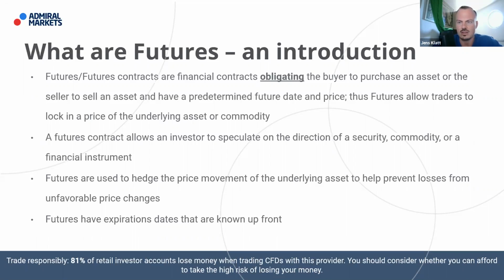So a CFD, contract for difference, is usually an OTC product, which is obviously not traded at an exchange, but over the counter, we call this. But you need to know where this price comes from, also to know whether it's a fair price or not you're trading on here.